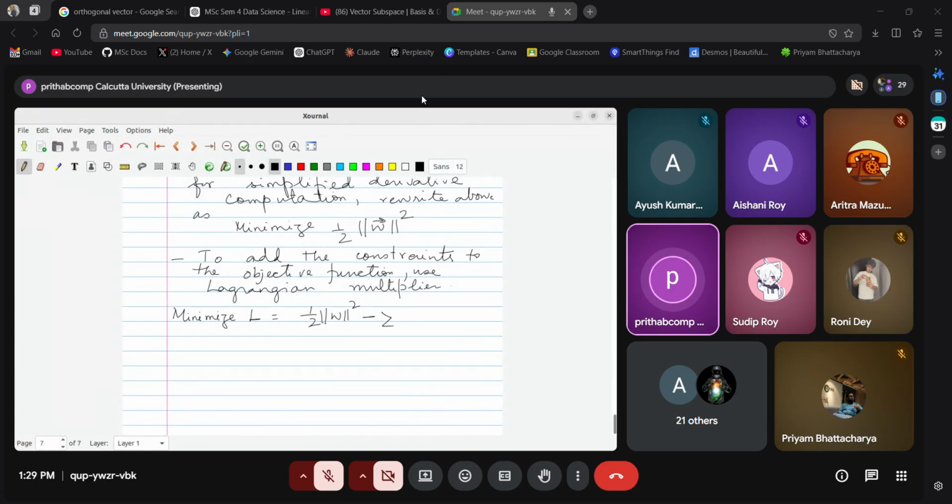So minus, that's why we have a summation over all your data points I, one Lagrangian multiplier for every entry, into yi into w xi plus b minus 1.